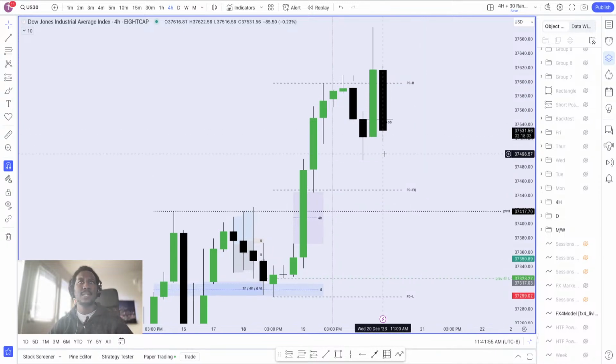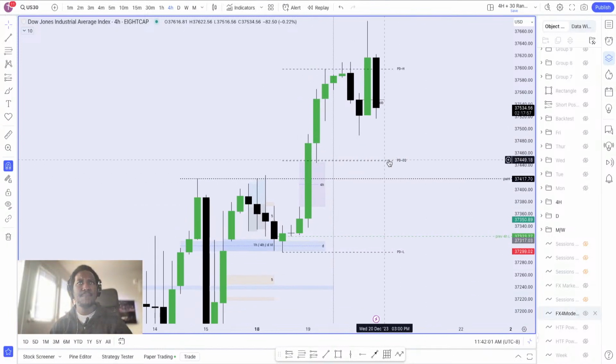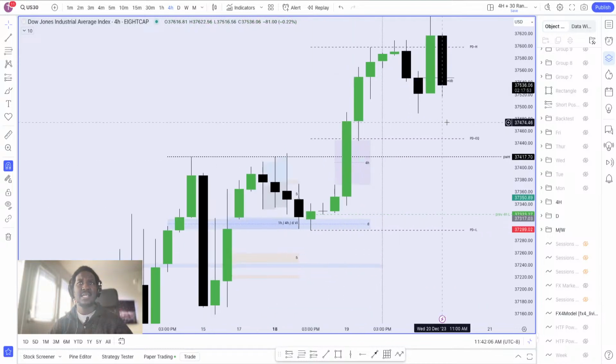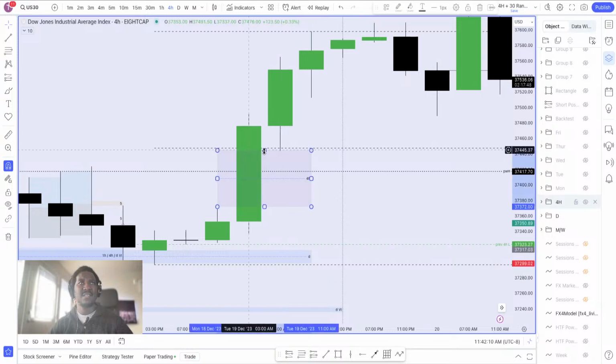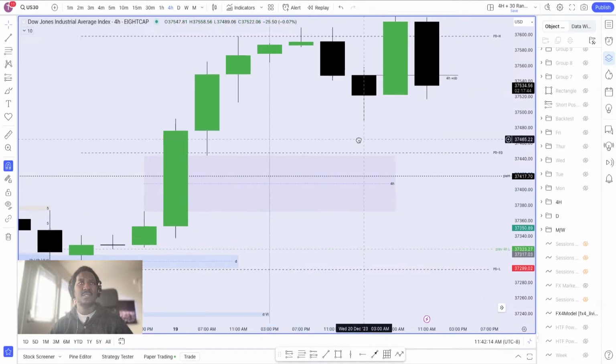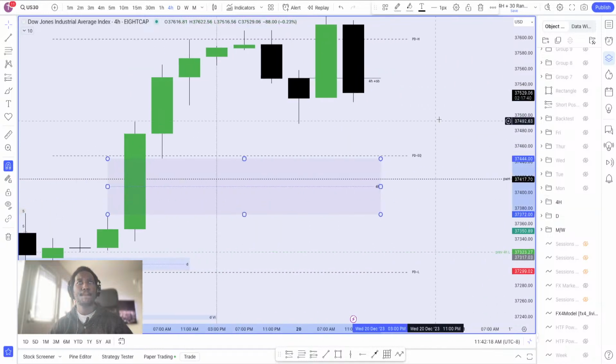If we do keep on coming down, then we do have this low over here that I will mark. And then we do have this previous day half, yesterday's range, the half of it, and the top of that fair value gap right there on this 4-hour. So that is a level that we can see price reach to find some more support, right?